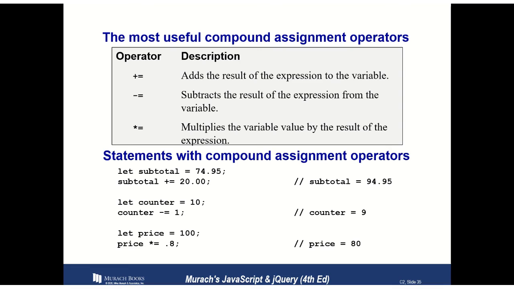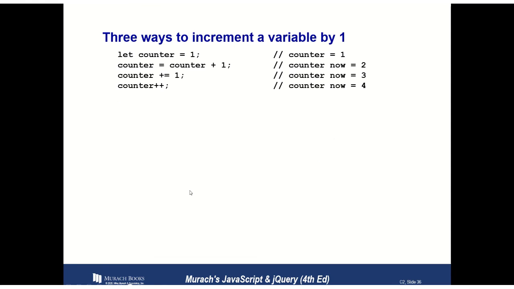If it is multiply equals, that means it is getting multiplied by 0.8. Okay, three ways to increment the variable by 1. The first one is a declaration, and then you can do counter equals counter plus 1, you can do counter plus equals 1, and counter plus plus.